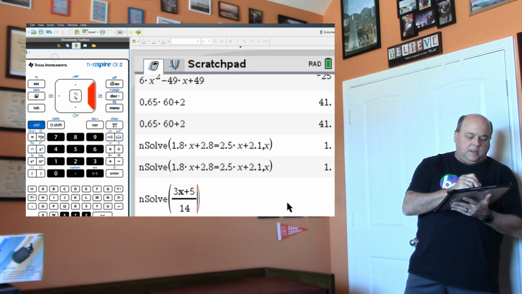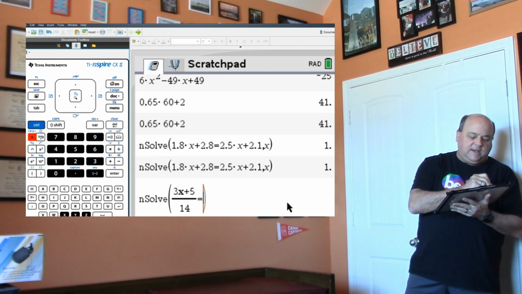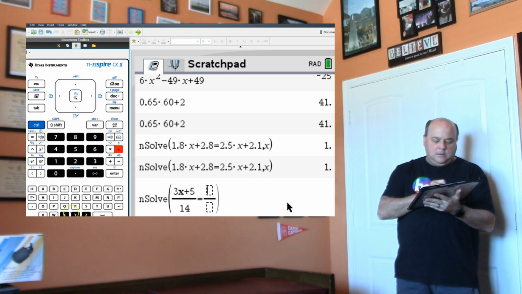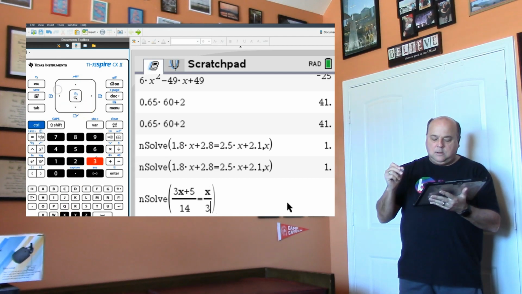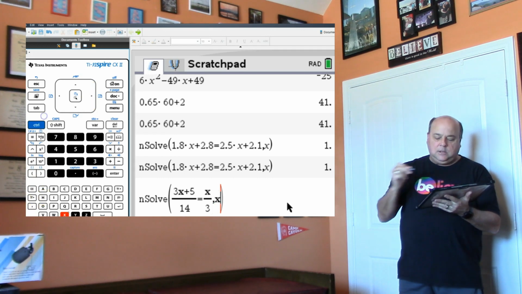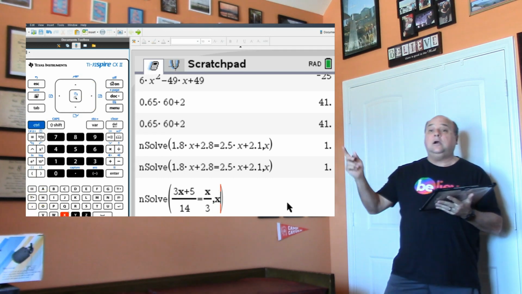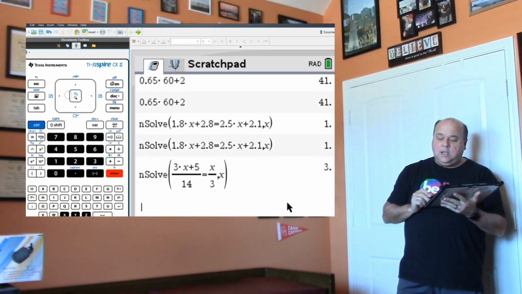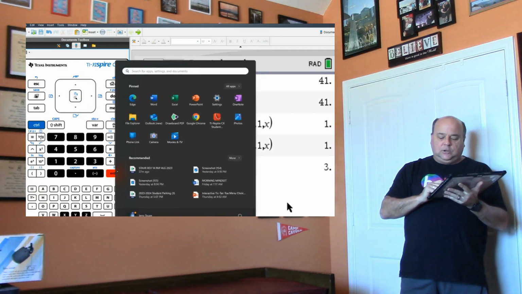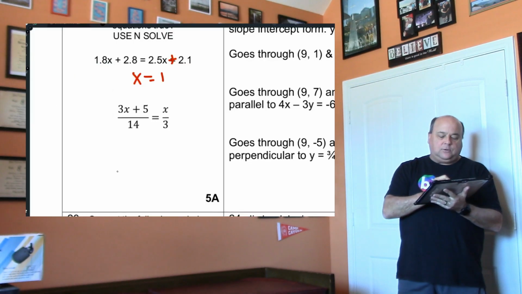Hit the right arrow button, equals, control divide. And then type in x over 3. Then I got to hit the right arrow button, comma x. You got to tell the calculator what to solve for. Hit enter and shazam. You get 3. So the answer to this will be 3.